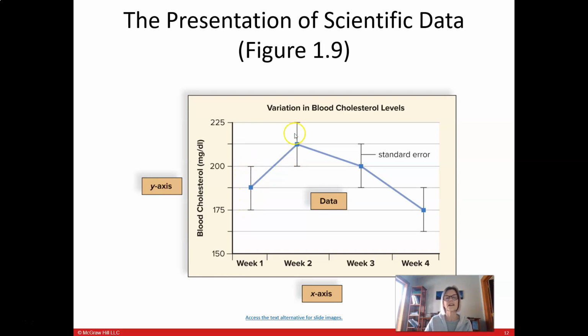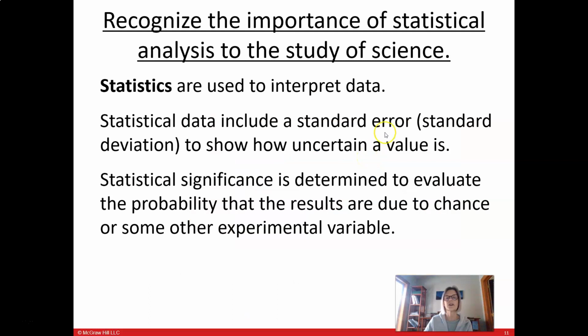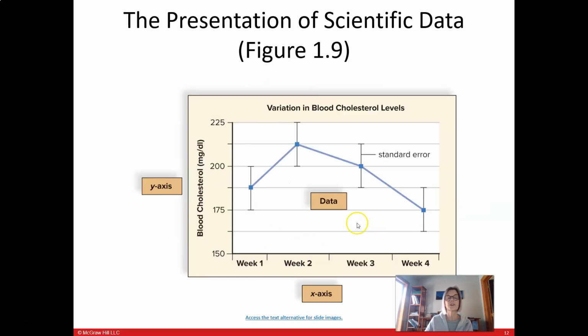And so they find this range over time for these individuals. And these statistics, the standard error also standard deviation, are going to evaluate: is this difference resulting from chance or from other experimental variables? So statistics are really important in determining the credibility or the believability of your data. How compelling is this data? Is it convincing?